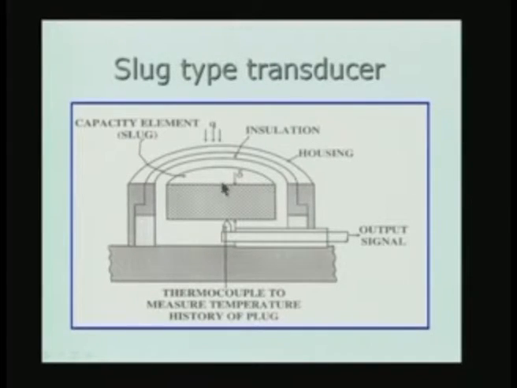That means that the entire slug at any time t after the start of the experiment can be assumed to be a uniform value of temperature. This is one assumption which can be made in case delta is small and the thermal conductivity of the material is large enough. That means that the entire slug is going to go up in temperature uniformly throughout.